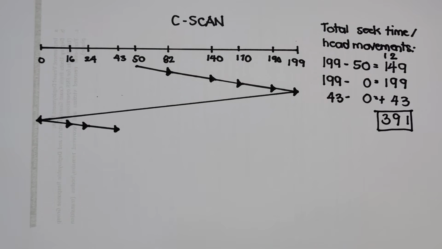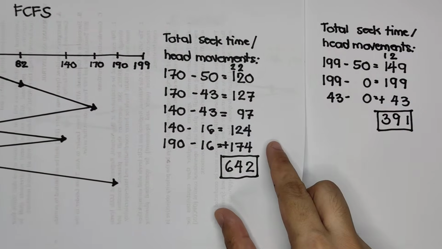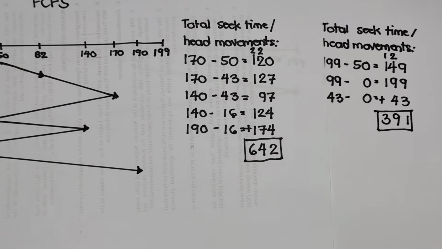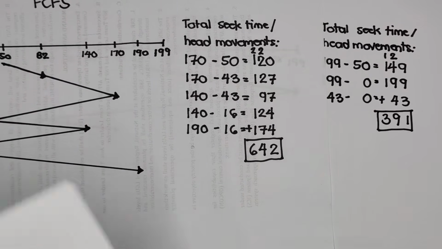So let's compare. So of the three, which is the best disk scheduling algorithm for this example? So let's go back with our values for FCFS and scan.